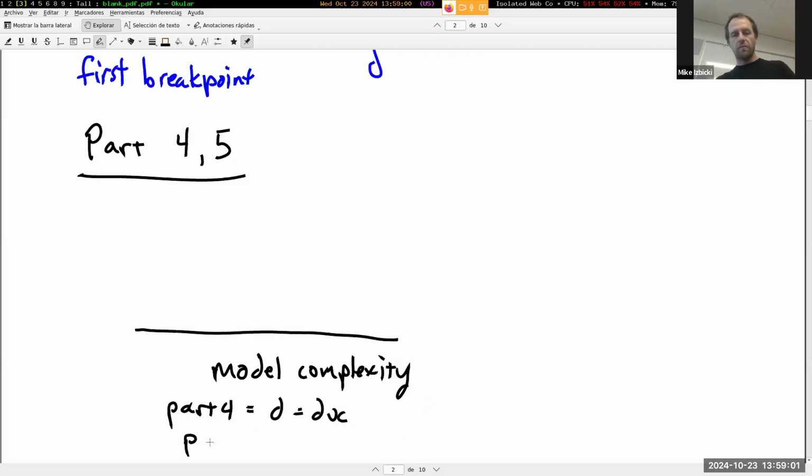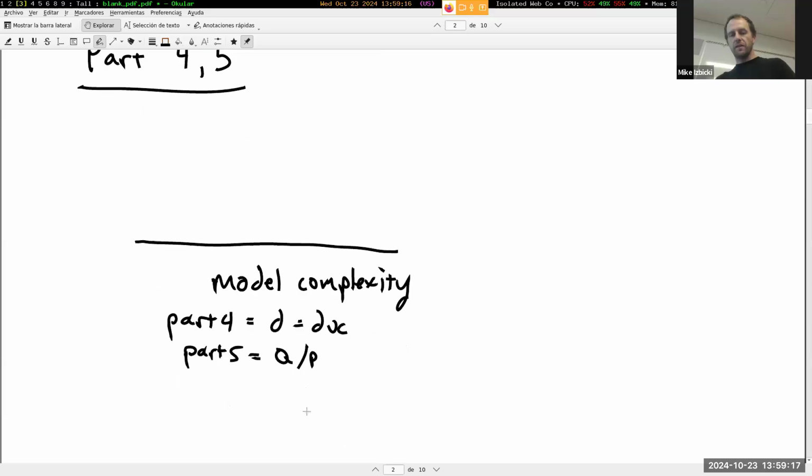In part 5, that will be our Q value, or the P value as it's written in the notebook, which has a complicated relationship with d_VC. We said that d_VC equals Q plus d choose d, which is a little bit less intuitive. But again, the notebook will hopefully help get you some intuition for this.